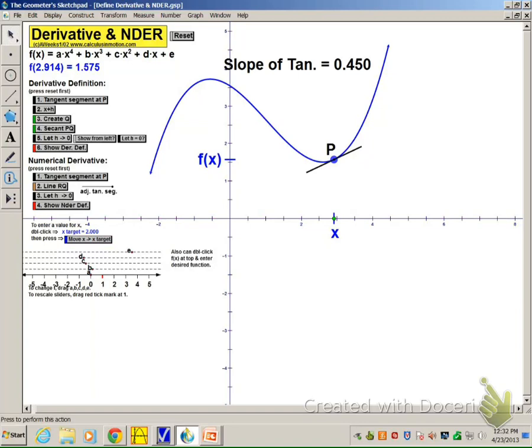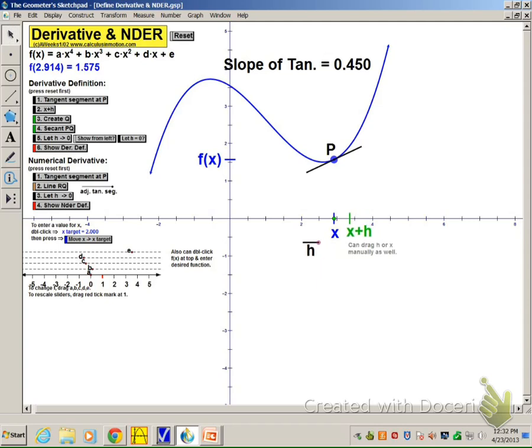And the slope of the curve depends on where P, or where x is, and the corresponding value of P. So then we want to introduce this notion of x plus h. We can modify h, or drag it to wherever we want. You see as I move h, the value of x plus h changes as well.